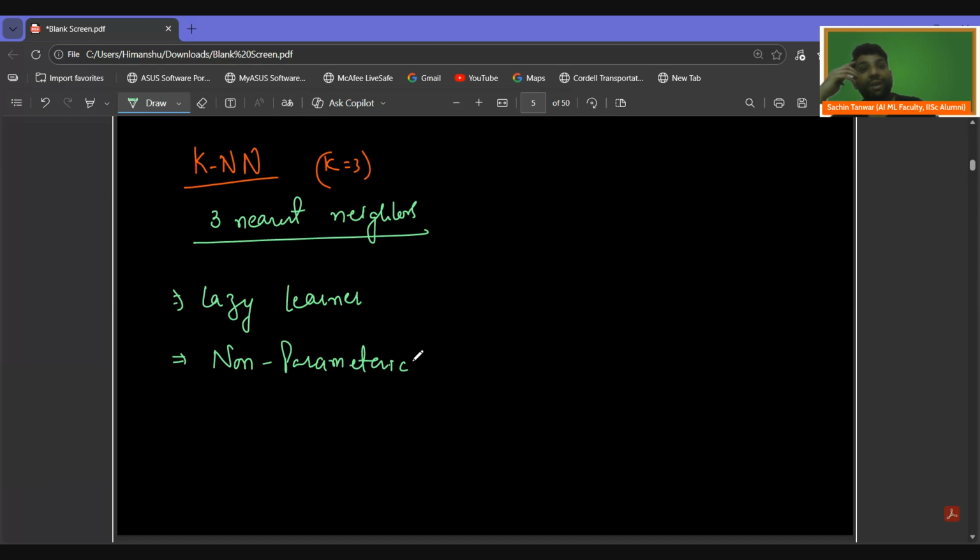And with respect to the lazy learner, what does it mean? If I ask what the training process would be, let's suppose I have given 100 data points and we are talking about 3 nearest neighbors, what would be happening in training? Unless I have a query point to tell its class, I do not really need those 100 data points to do anything.